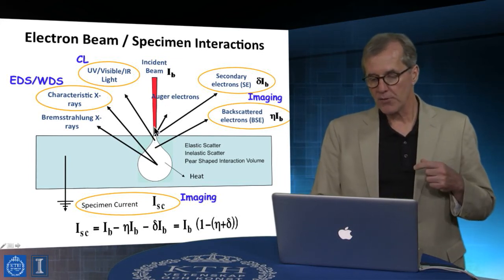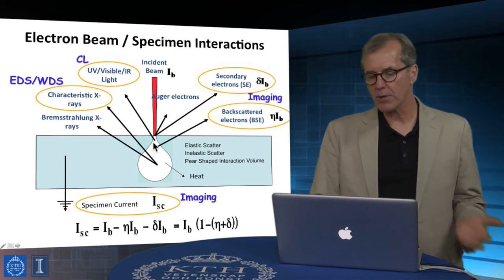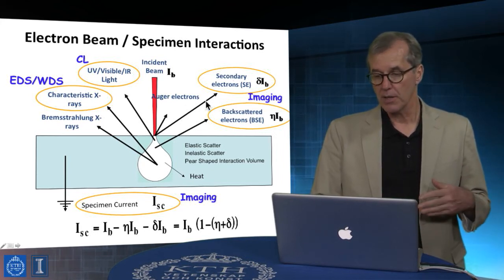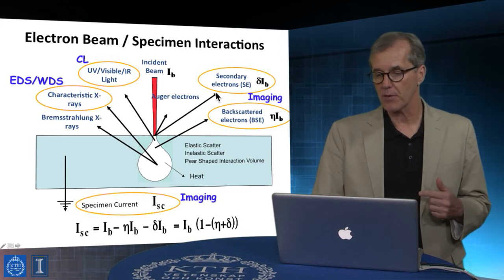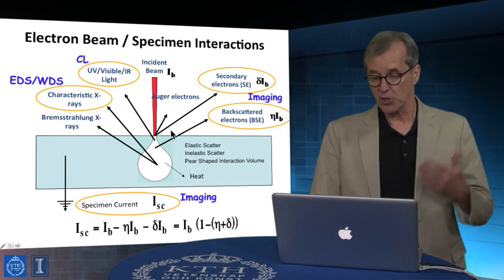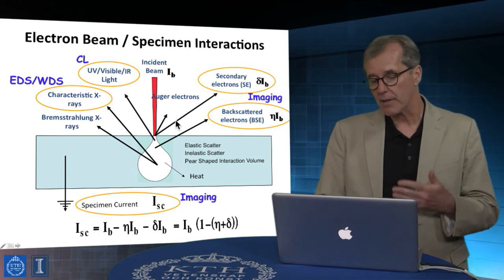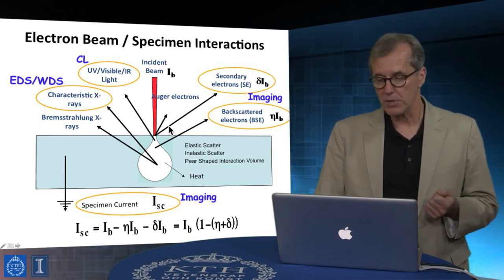We can put electrons into this and look at the aggregate larger flux coming out, the so-called secondary electron flux, and use that to construct an image. And we'll see exactly how that's done in the next few slides.